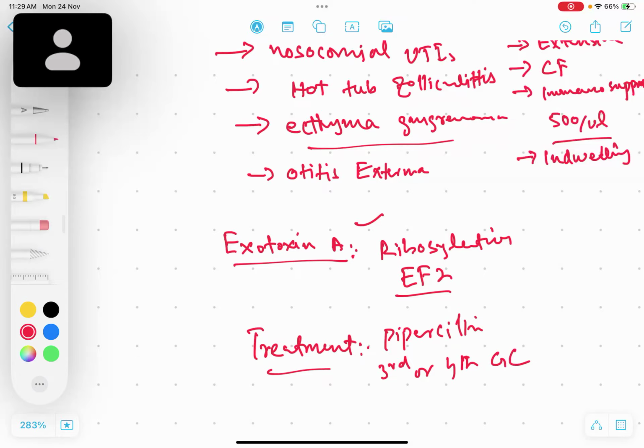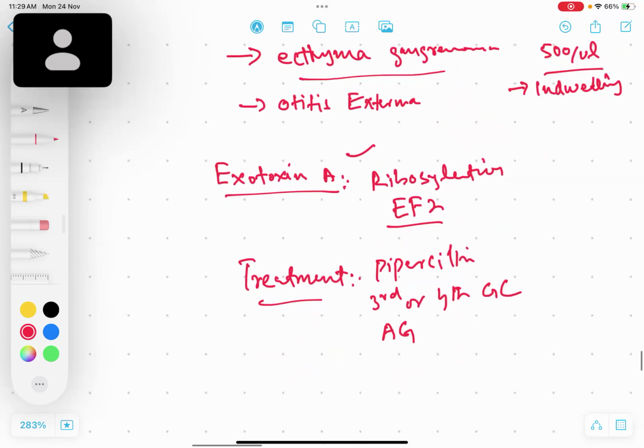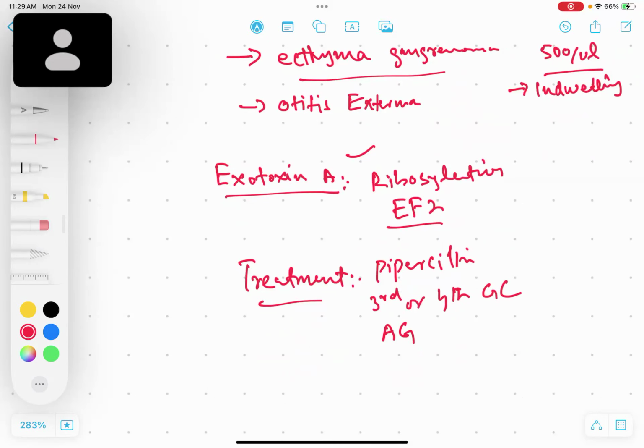Aminoglycosides and fluoroquinolones and monobactam and carbapenems. So these are all actually anti-pseudomonal antibiotics.